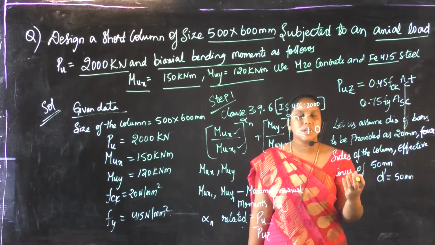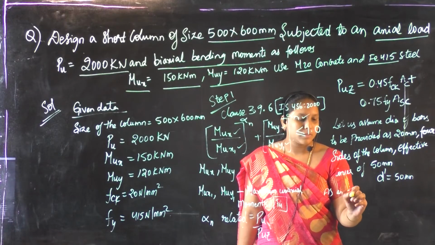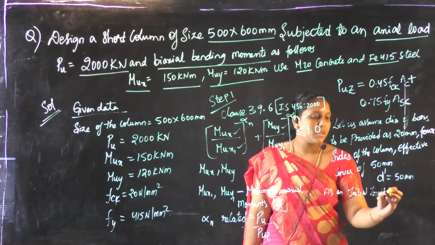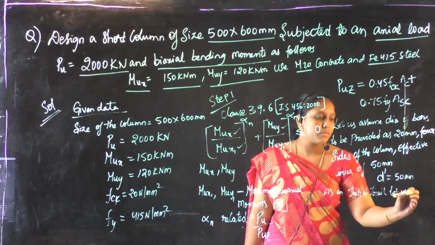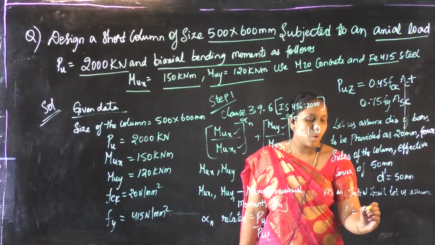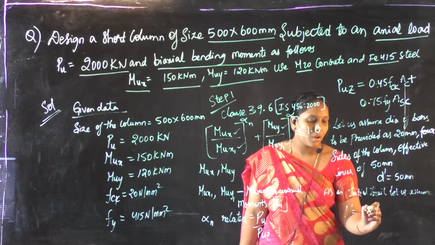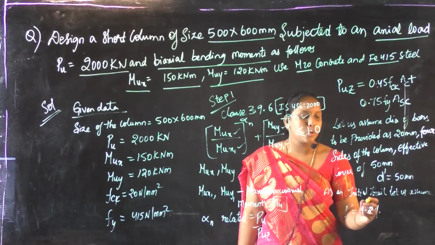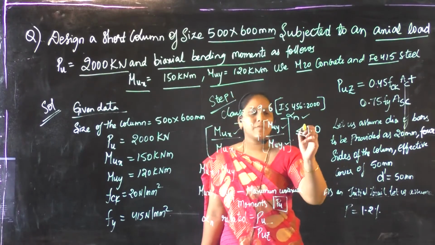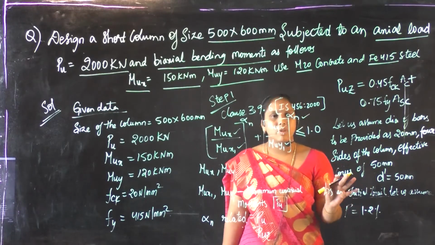To provide the steel, as an initial trial, let us assume p as 1.2%. So here I am assuming a percentage of steel as 1.2% as an initial trial, and we have to check for this. If the value is less than or equal to 1, then the trial is okay and the design will be safe.